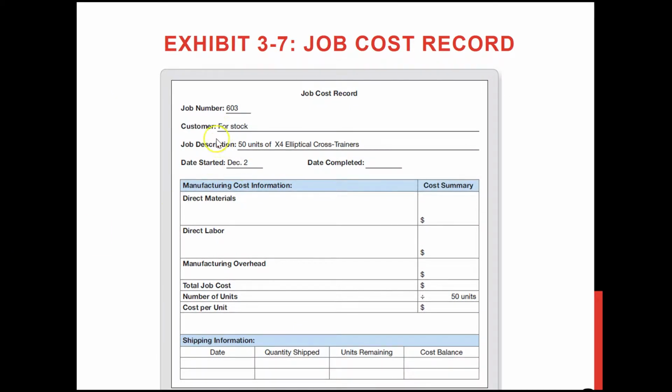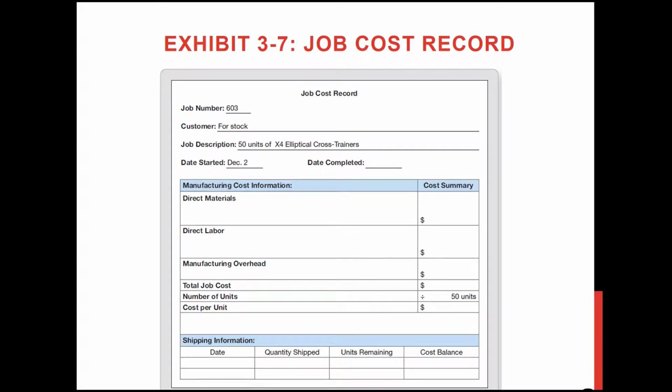The company will maintain this type of job cost record sheet for each and every job. We are talking about job number 603, where the company is producing 50 units of X4 elliptical cross trainers. When they record this type of job cost sheet, they need to calculate all three types of manufacturing costs.